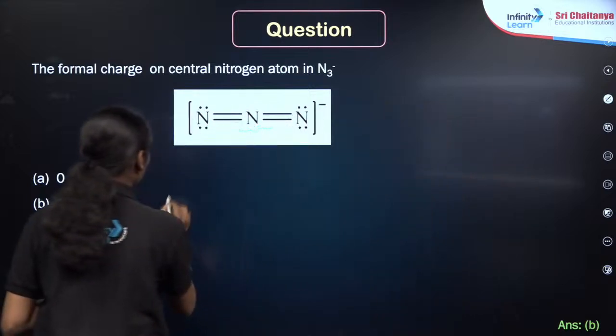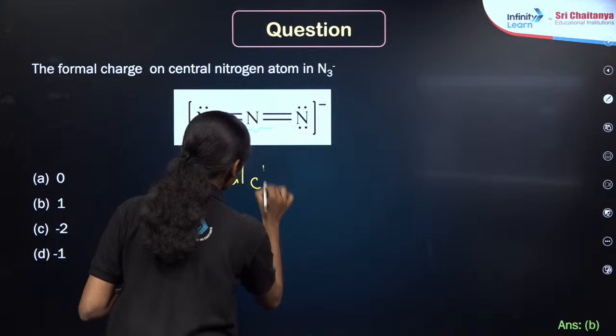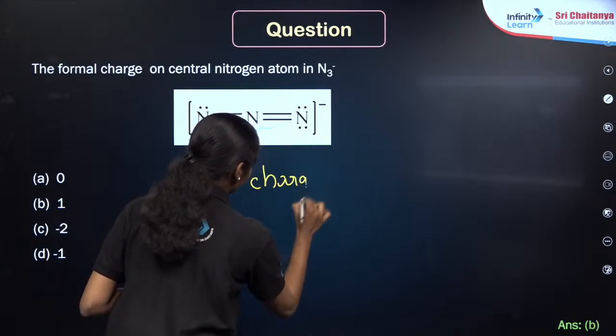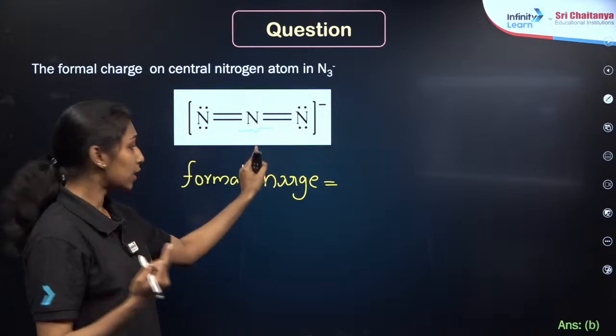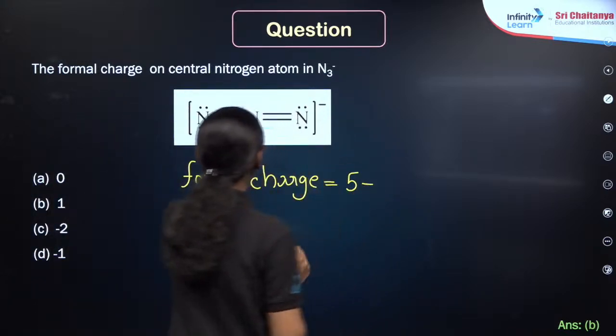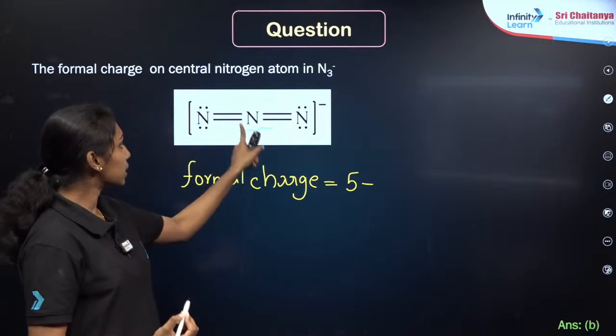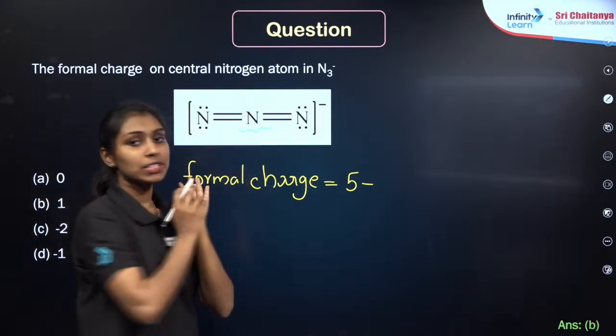So, how can we calculate the formal charge? The formal charge is equal to the total number of valence electrons on the free atom. If you consider the nitrogen atom, the total number of valence electrons is 5, right? So 5 minus the number of lone pairs present on this nitrogen. You can see here there are no lone pairs, right? Which means it is 0.